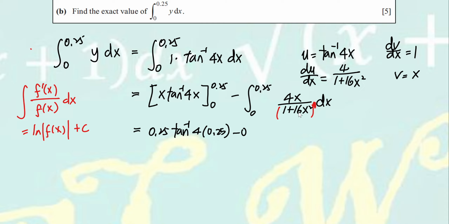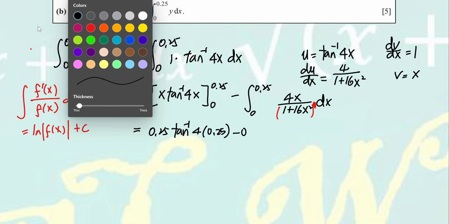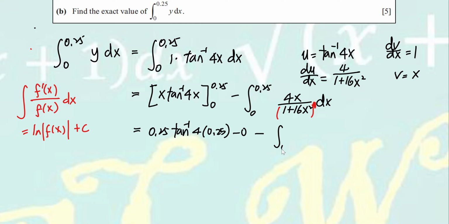So when I differentiate 16x squared plus 1, I will be getting 32x. So I have 4x from the previous part. That means I need to times by 1 over 8 to get back the original integration.